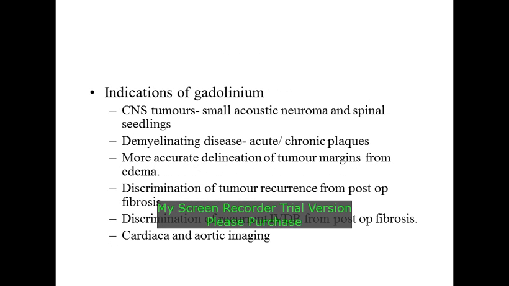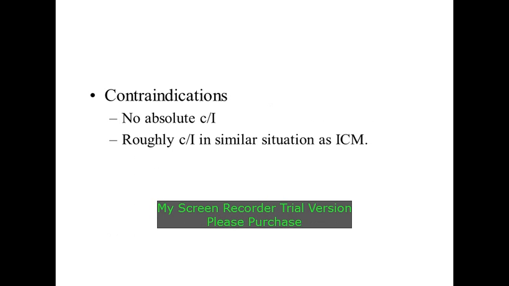Indications of gadolinium: CNS tumors, small acoustic neuroma and spinal seedlings, demyelinating diseases, acute and chronic plaques, more accurate delineation of tumor margins from edema, discrimination of tumor recurrence from post-op fibrosis, discrimination of recurrent IVDP from post-op fibrosis, cardiac and aortic imaging.